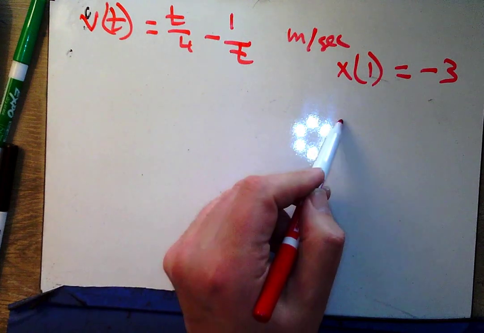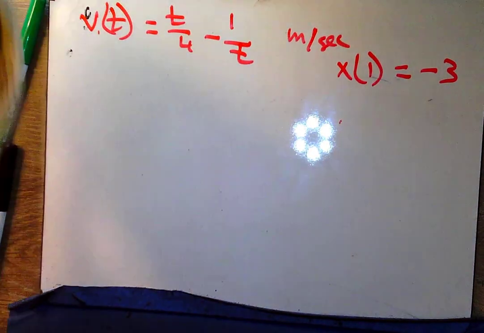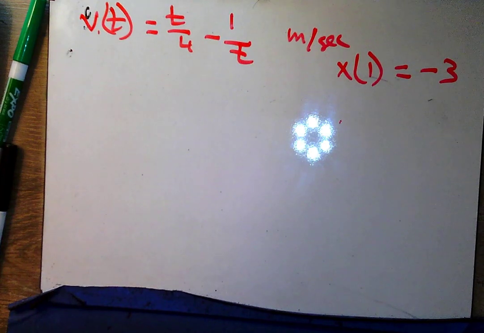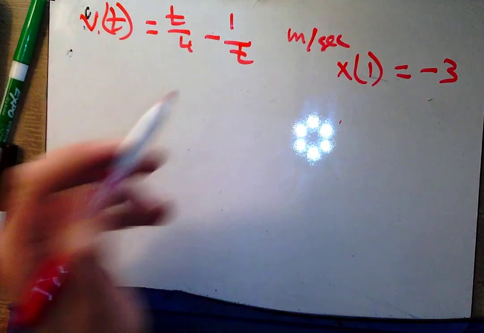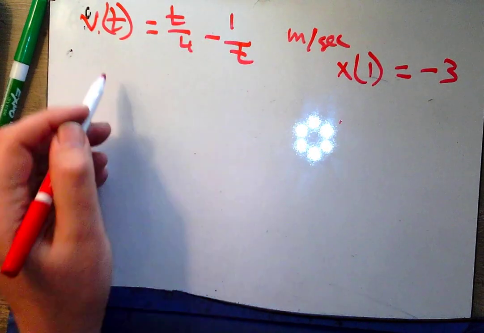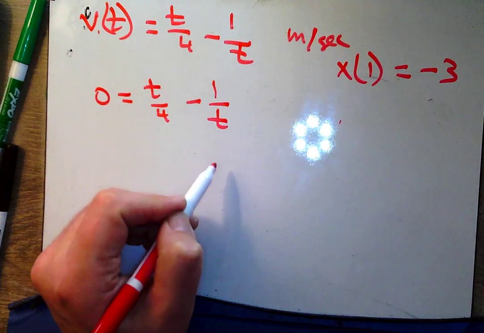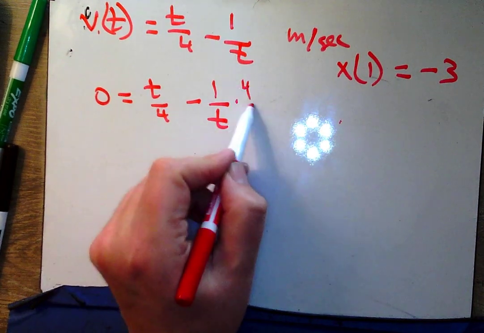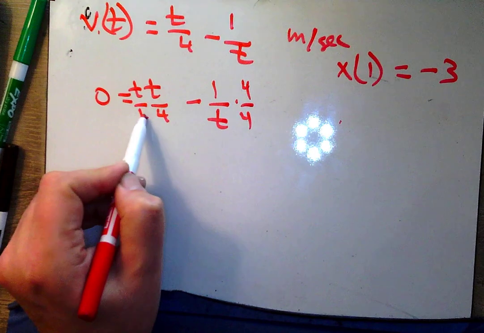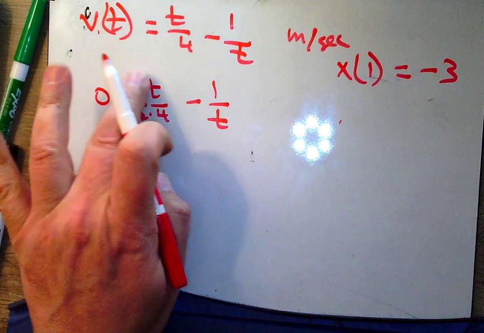Well, the particle changes direction when the velocity goes to 0 and I have a sign change. So let's take a look. When is this equal to 0? All right, let's start by making a common denominator. In fact, let's be even smarter.